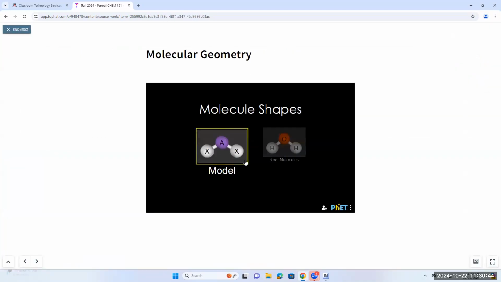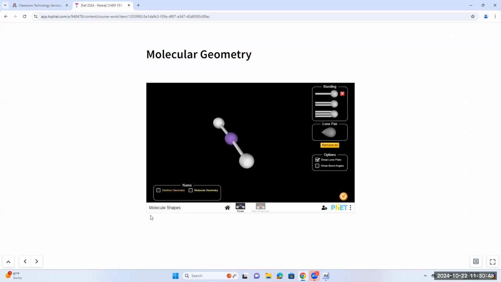I want to go back to this model. By the way, the simulator is available to you as well to play with. Now let me show you something. Carbon dioxide looks like this. All this time, the only thing that we considered was the electron domain geometry, which is okay.